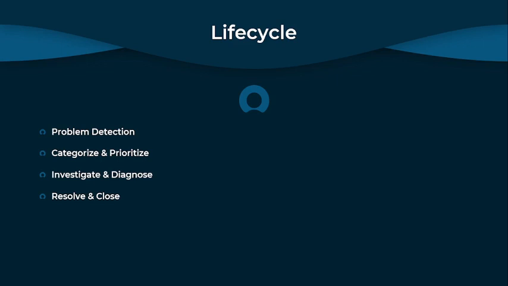And resolve and close. Resolving the problem involves developing and implementing a solution to address the root cause. If the resolution requires changes to the IT environment, these are coordinated through the change management process in ServiceNow, ensuring that changes are planned, tested, and approved before implementation.